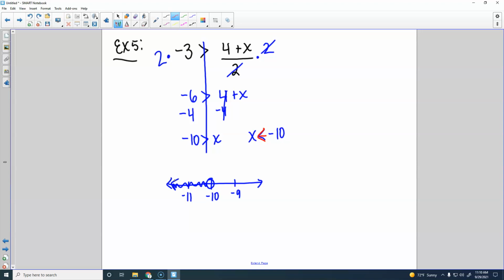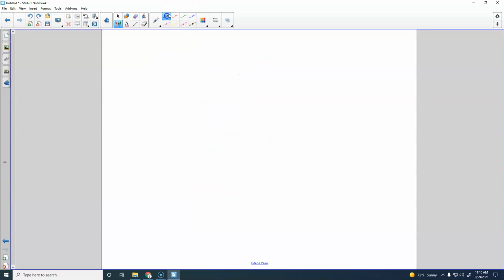Let's see, is there anything else? Example 6. Let's do 8 minus 2x over, this is really a 3-step problem, but I'm going to give it to you anyway.